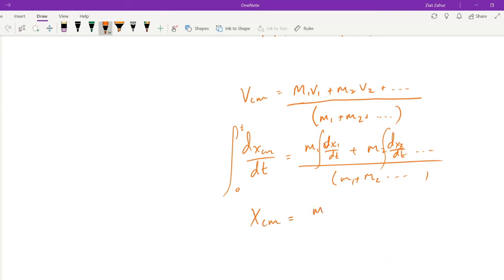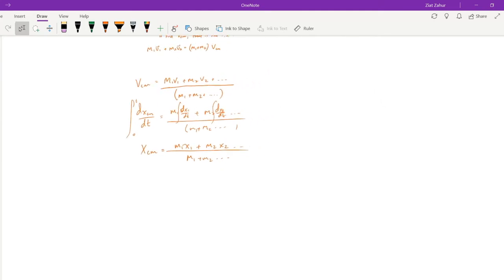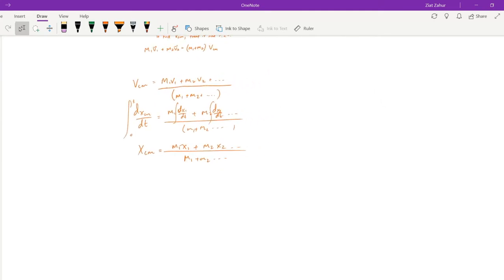XCM is M1 X1 plus M2 X2 over M1 plus M2. Okay, and you can do it in both dimensions, or all three dimensions, or any other dimensions you live in. So if you want the y-axis, do it in the y-axis. If you want the x-axis, do it in the x-axis.